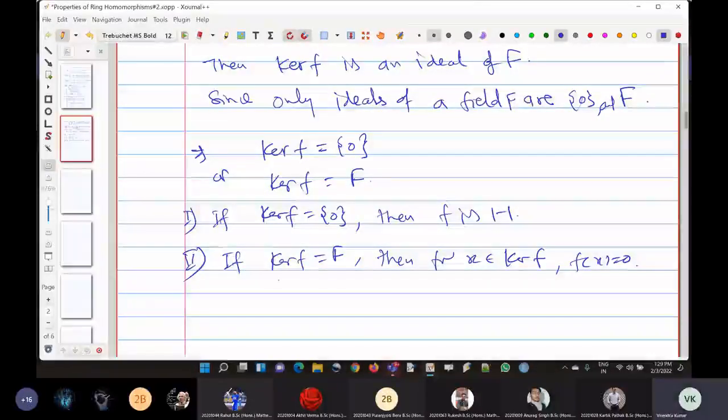And x belongs to the kernel of f means it also belongs to capital F.